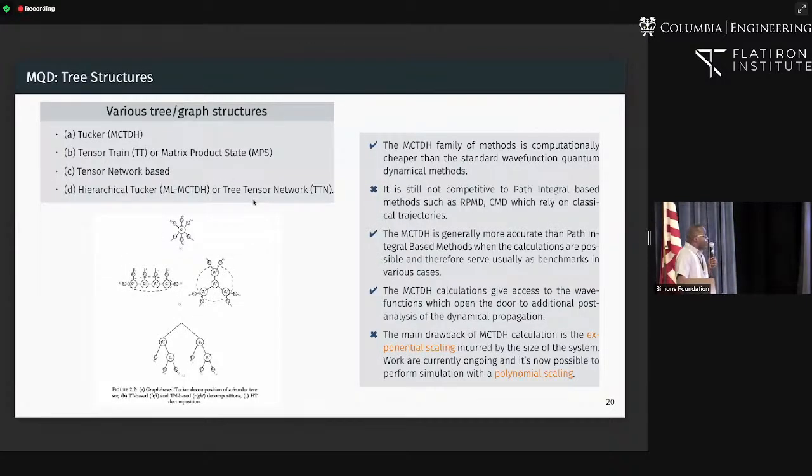What is quite interesting is that this family of methods has been around for some time in various fields. In condensed matter, there's been this DMRG method, which is actually some kind of special case of the multi-layer MCTDH method. So it's more like an approximation, but most of all, it's more like a tree description of the problem where at each level you apply some kind of contraction.